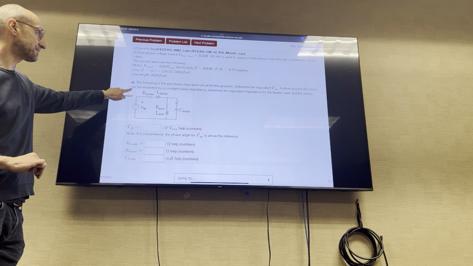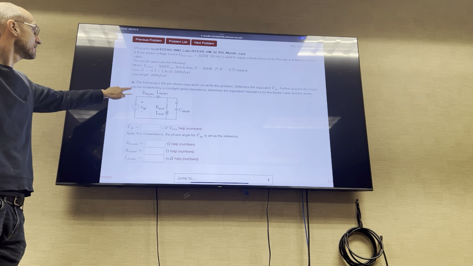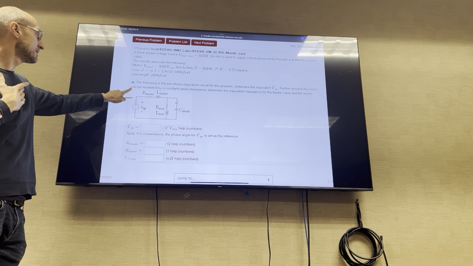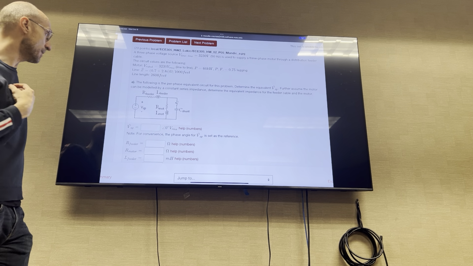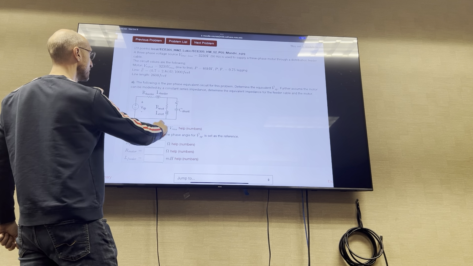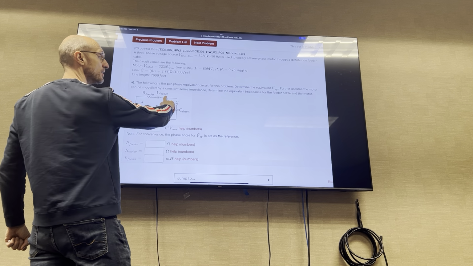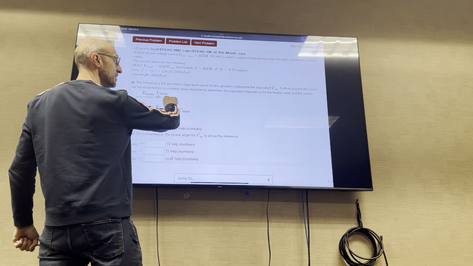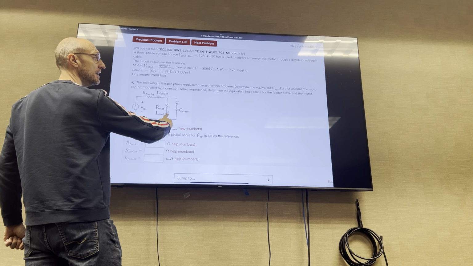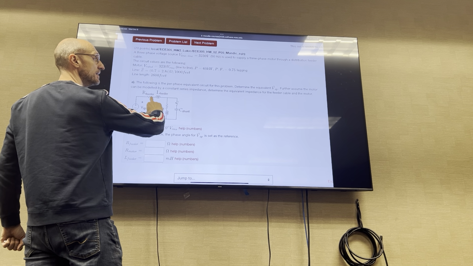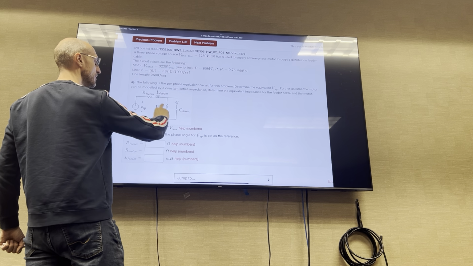So assuming that's not yet connected, how is it that the motor current and the source current are different? Okay, let's see. So we found all of these things. Further assume that the motor can be modeled as a constant series impedance. Okay, so these values don't change, and we want to find the impedance of the cable we talked about and the motor.